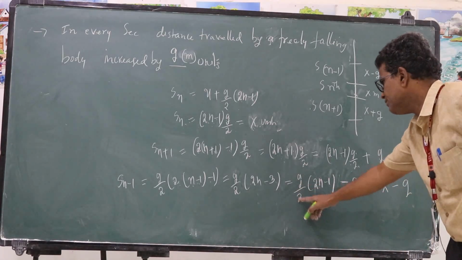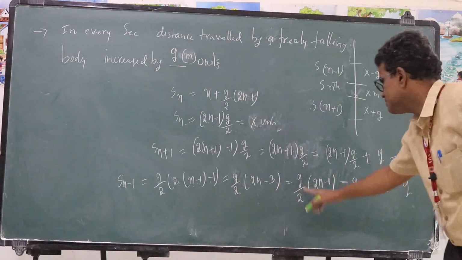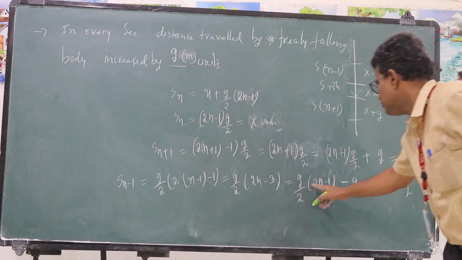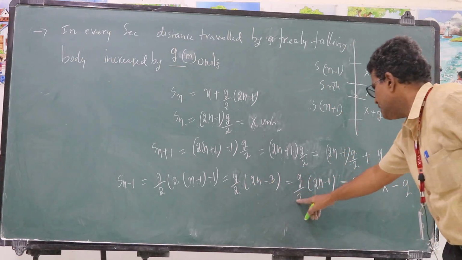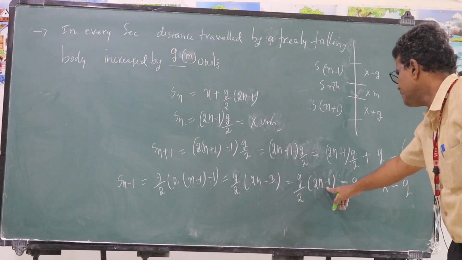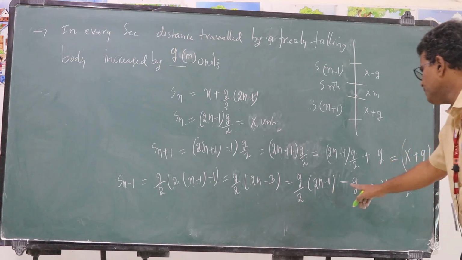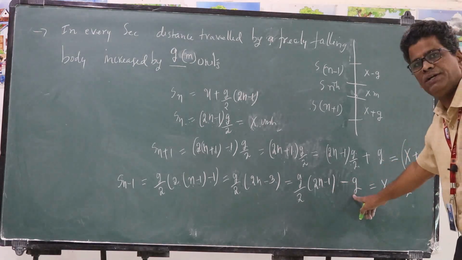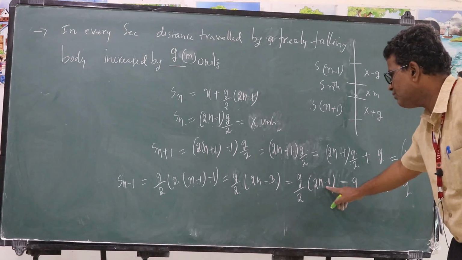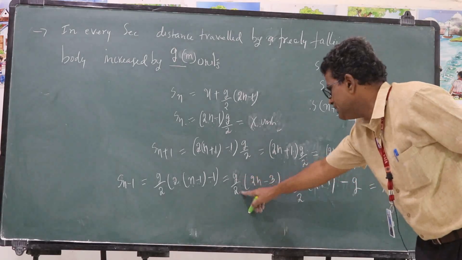You check whether these two are equal or not: g by 2 into 2n, the first term, minus g by 2, minus 1 minus half, minus 3 by 2. So you will get the same thing.